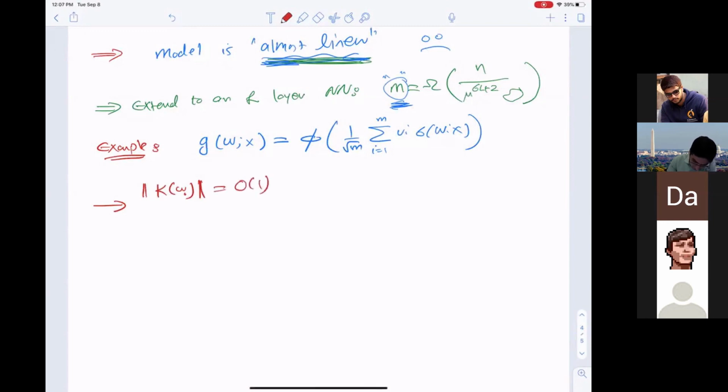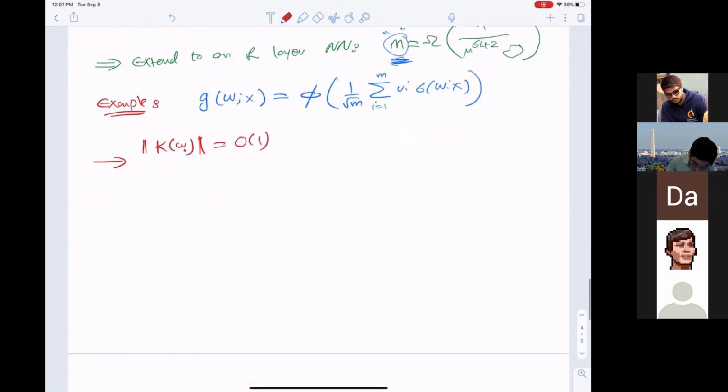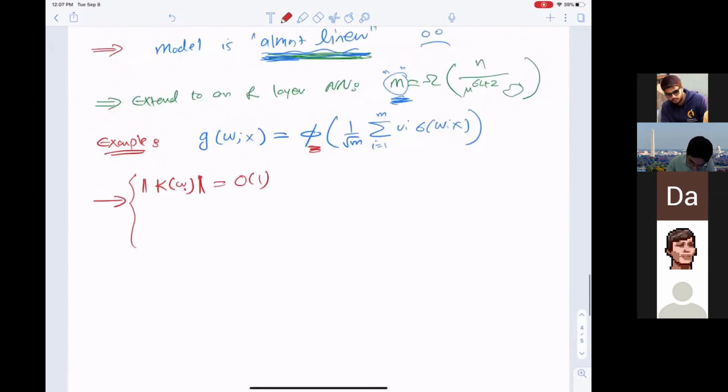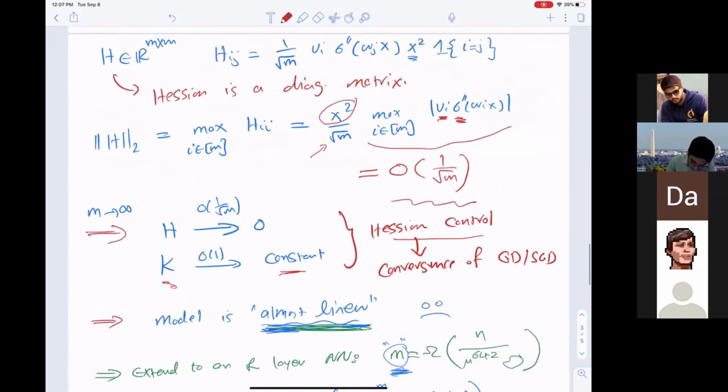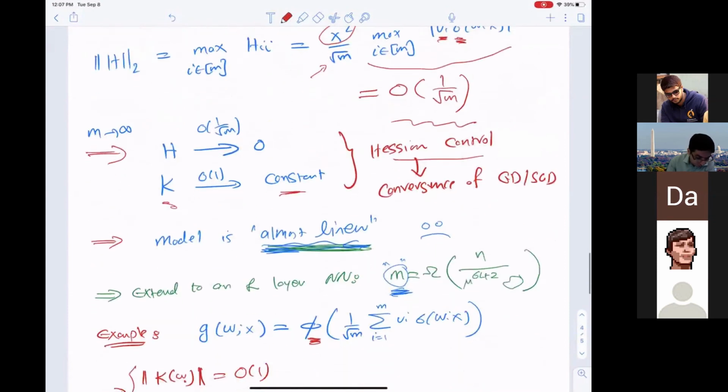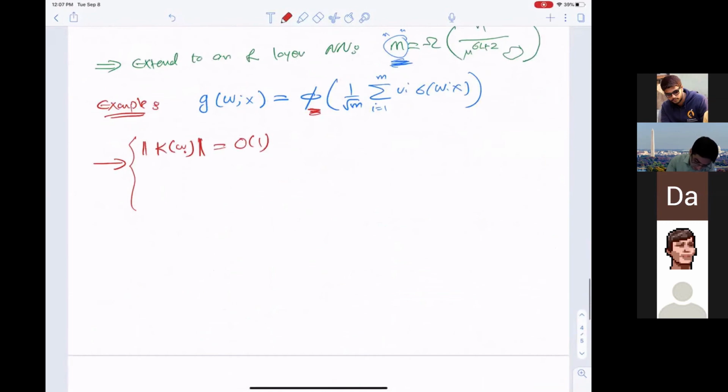It really doesn't matter if I'm applying a new activation function here. But surprisingly, remember my Hessian was going to 0 at the rate of 1 over square root of m. Because of this function phi, I'm not going to have that. My Hessian is also going to be order 1.